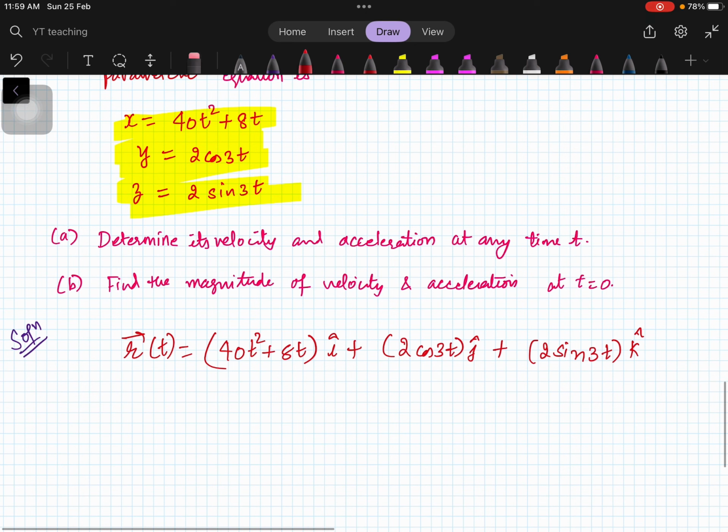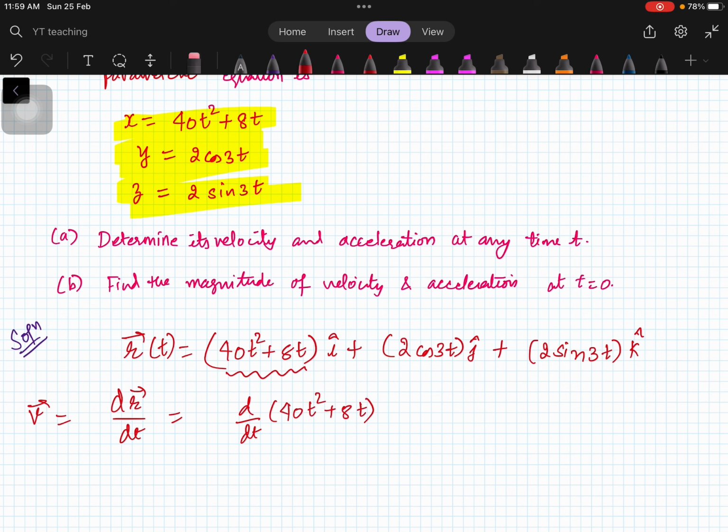Now dr by dt, that is my velocity vector, would look like the derivative of the first quantity, 40t square plus 8t, i cap, plus the derivative of the second quantity, 2 cos of 3t, j cap, plus the derivative of the third quantity, k cap, right?